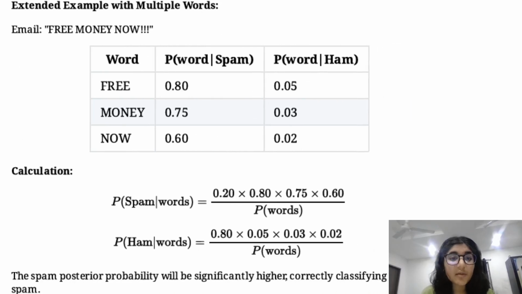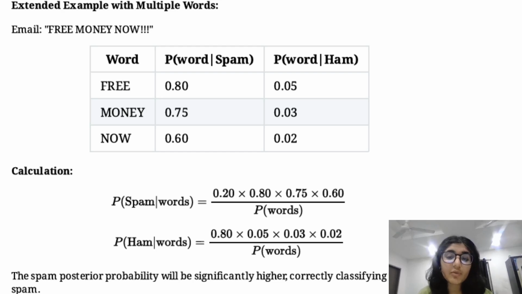Then the extended example with multiple words is an email where "free money now" is written. So we will draw a table in which the words are free, money, and now. The probability of word given spam is 0.8 for free, 0.75 for money, and 0.60 for now.